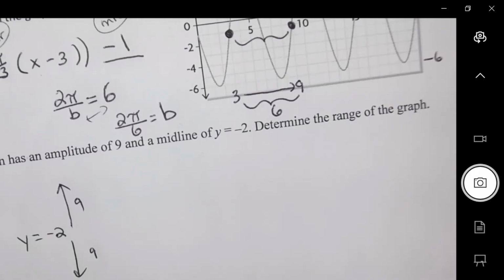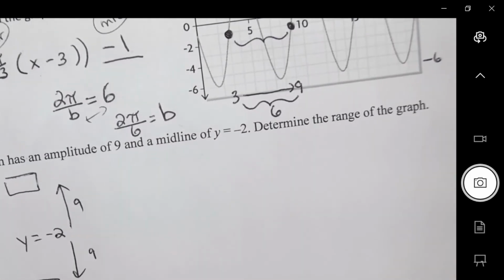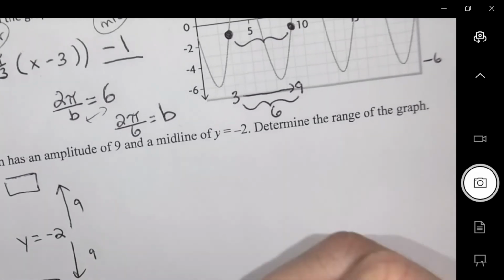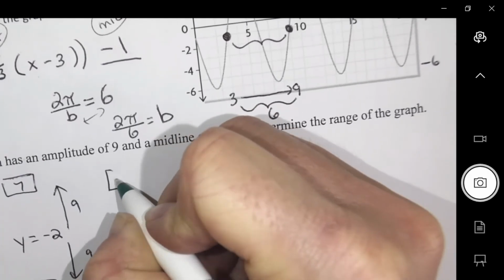My range is what is the lowest to what is the highest. So -11 to 7.